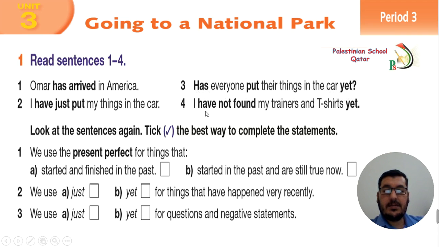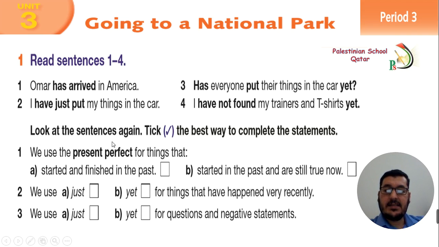Number 4, I haven't found my trainers and t-shirt yet. Here we have a negative sentence, so I put yet at the end. But in number 1 and 2, we don't have negative, so there is no need to put yet. And in number 2, we use just between the two verbs, and we don't have negative as well.